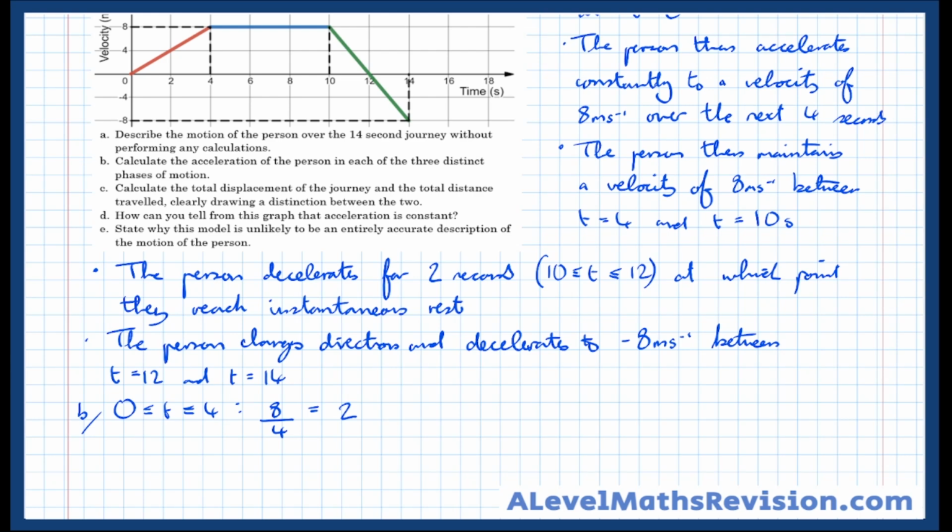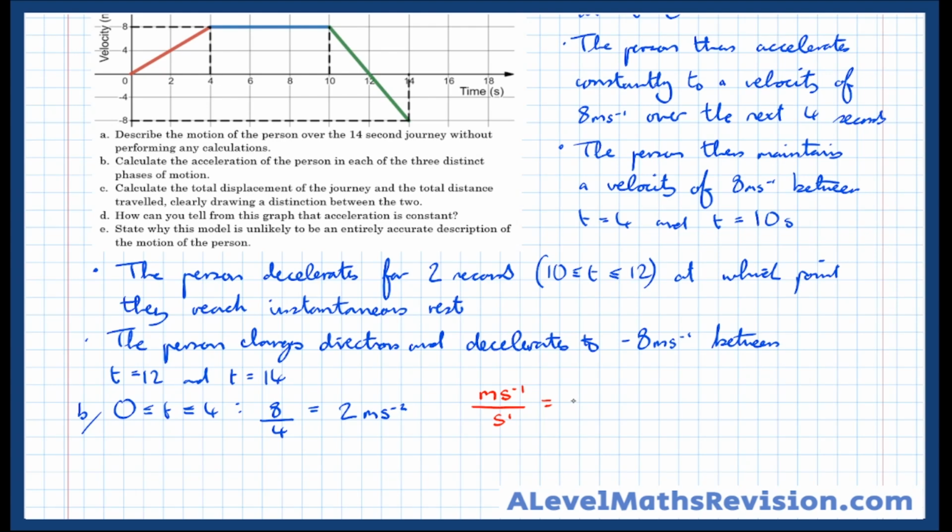Now, be careful about the units here, because the units of acceleration are meters per second squared. And the reason for that, if we're doing velocity divided by time, velocity is measured in meters per second, and we're dividing that by seconds.